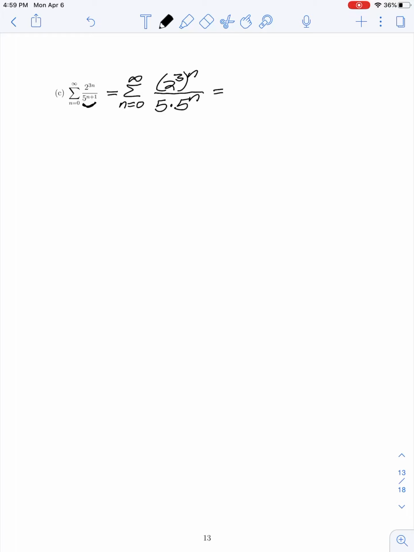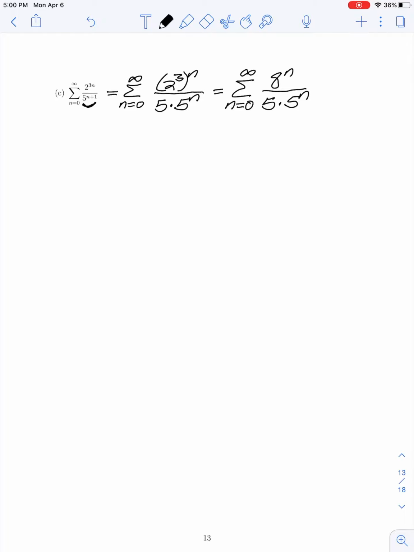Now, this can be simplified as the sum from 0 to infinity, and our numerator is 2 cubed, or 8, to the nth power. And then we're dividing by 5 times 5 to the nth.